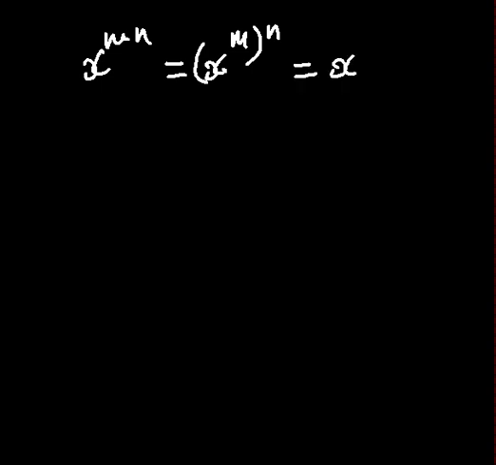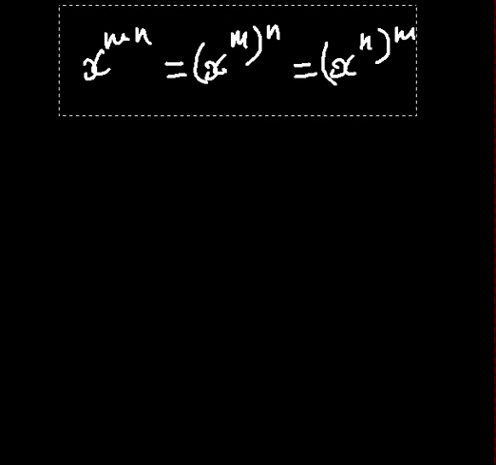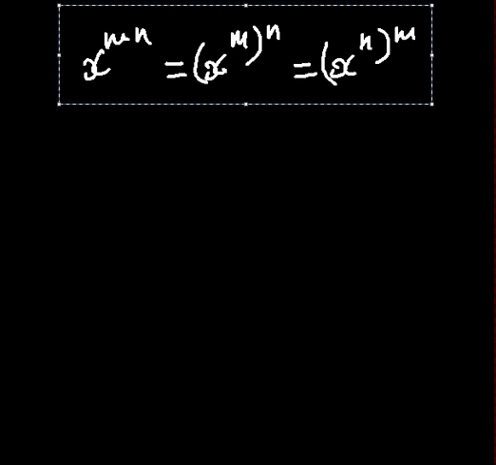According to the laws of indices, if we have x to the power mn, this is the same as x to the power m, all to the power n, and it is also the same as x to the power n, all to the power m. This is what we call the power product law of indices. In case you wonder more about the laws of indices, just go through my videos and you'll come across it.